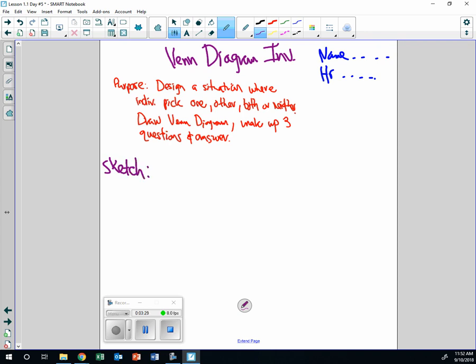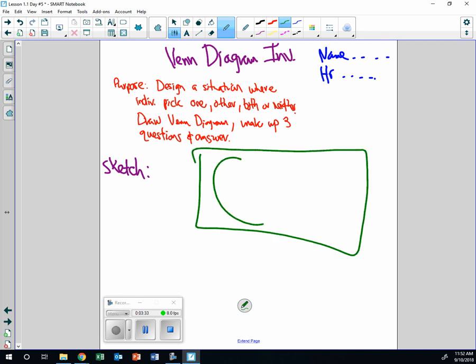Sketch is super helpful because you're going to be able to label things. For example, let's say I'm looking at, do you like to eat hot dogs? Do you like to eat hamburgers? I'm going to ask you to be very specific on your question, because you can't say hot dogs, hamburgers, and point to somebody. They're not going to know what you mean.